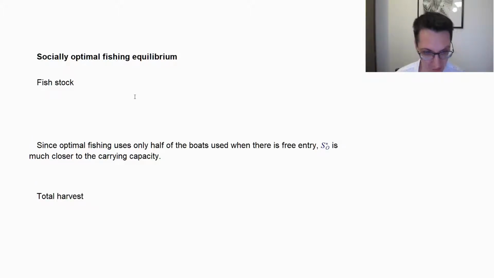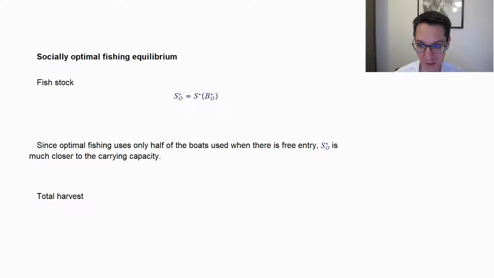Let's write it S star O, which is simply going to be our function of the stock as a function of the equilibrium number of boats, B star O.